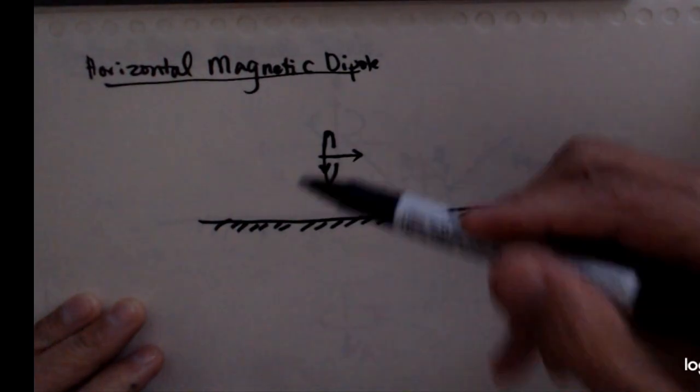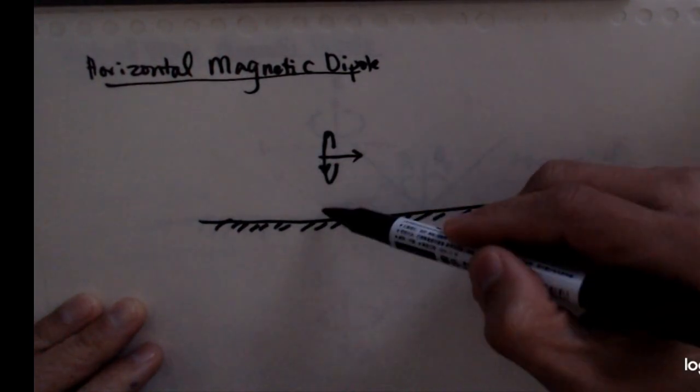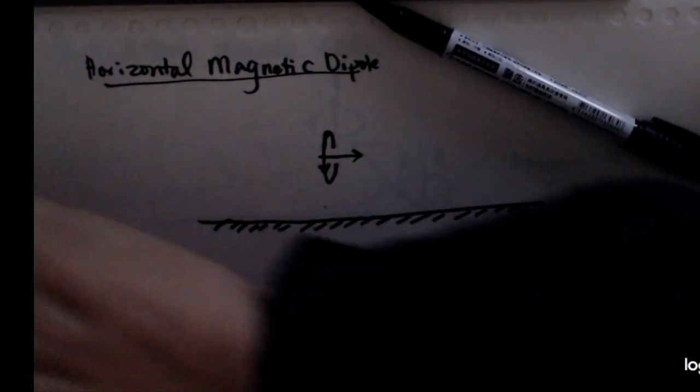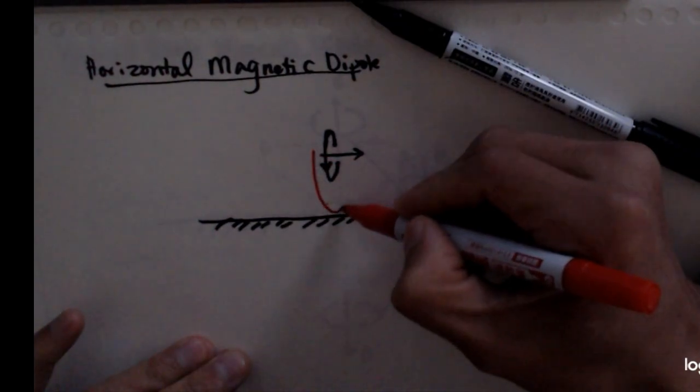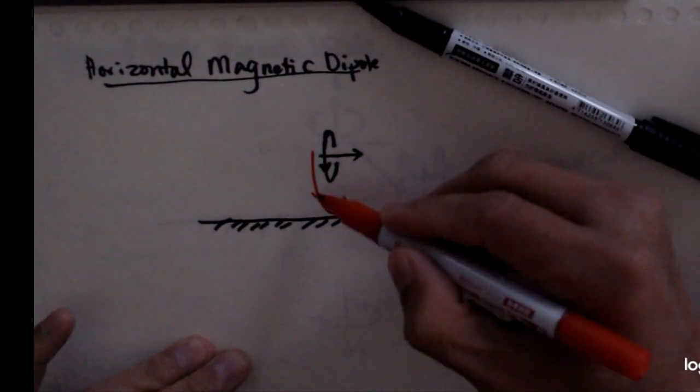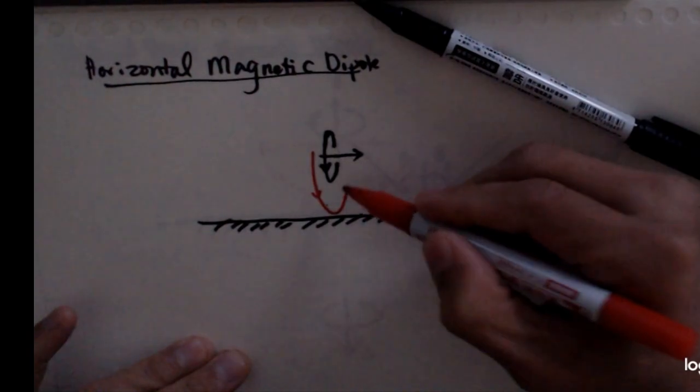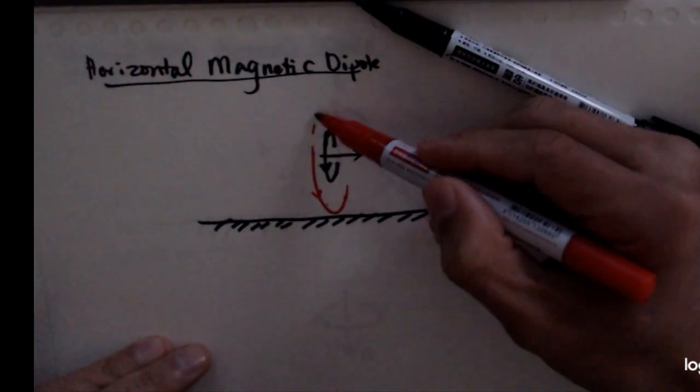When you have a current flowing like this, then you will produce an electric field moving this way. The electric field will be a larger loop.